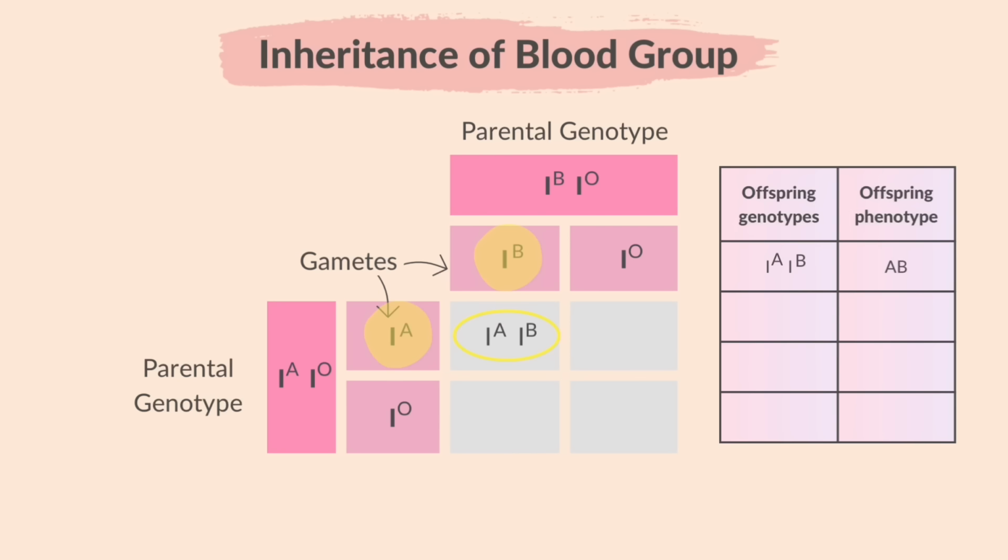Here we will have IAIB, which is an offspring with the blood group AB.